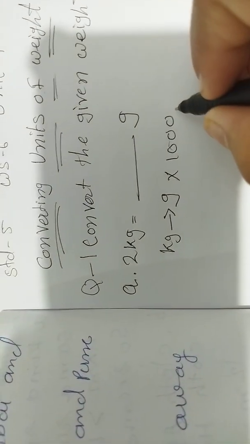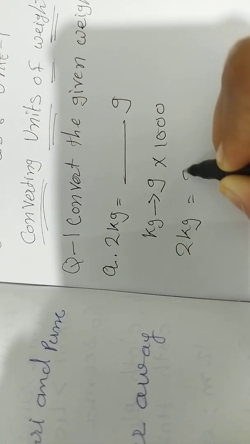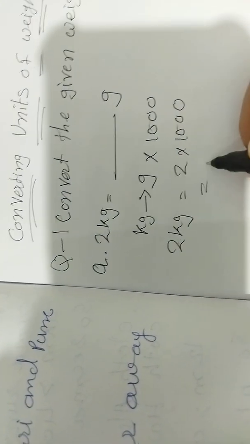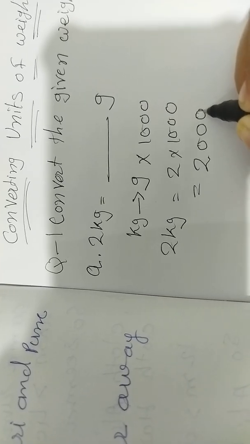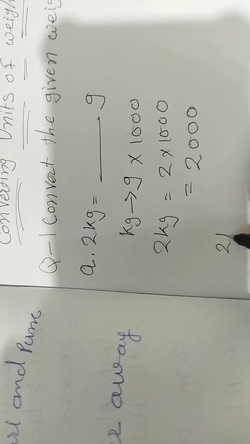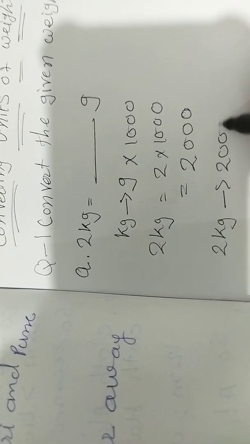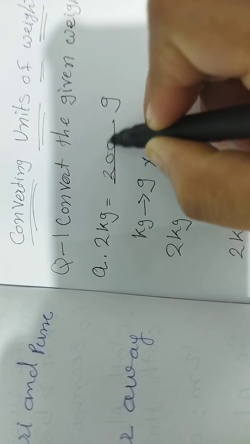We write 2 kg is equal to 2 into 1000. Answer is 2000. So 2 kg is equal to 2000 grams. Here also we have to write 2000.